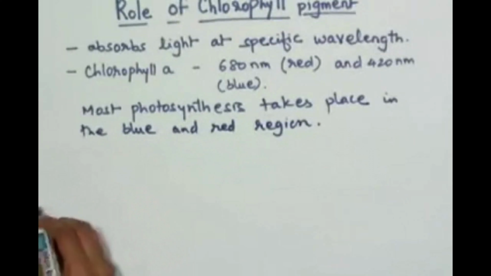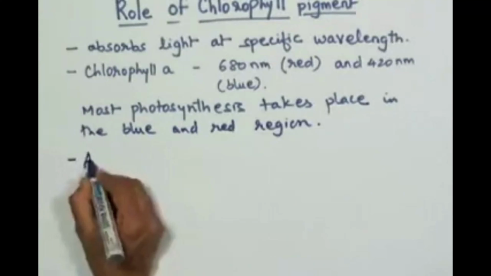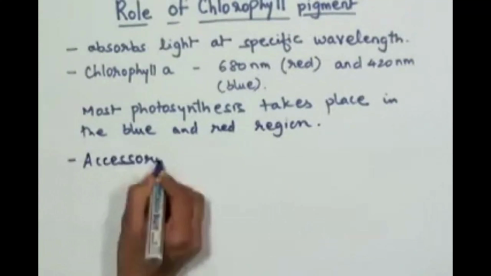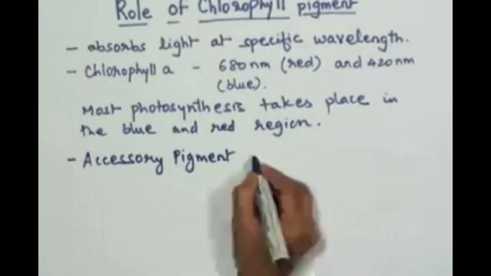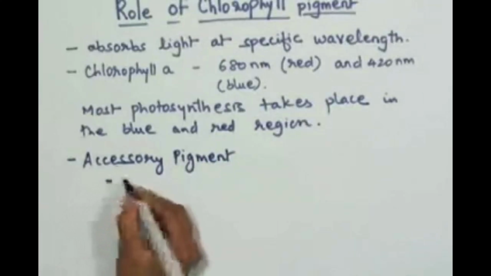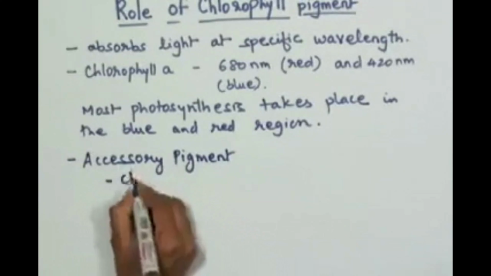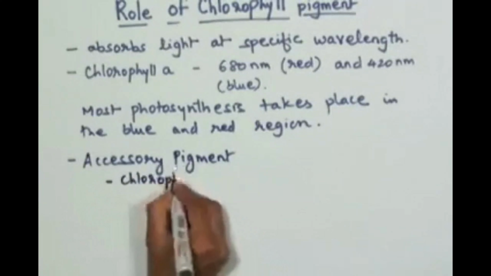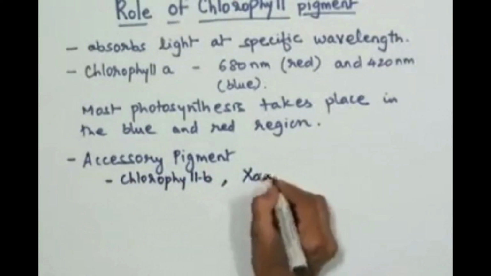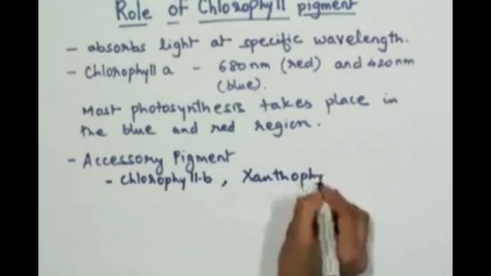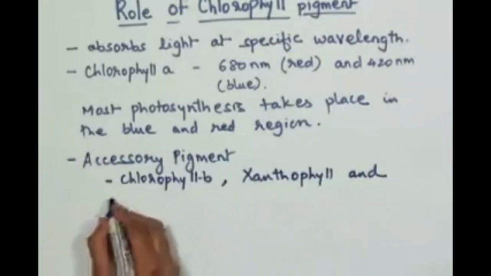There are some more chlorophyll pigments which are called the accessory pigments. They are called accessory pigments as they are not involved in photosynthesis directly, such as chlorophyll B, xanthophyll, and carotenoids.